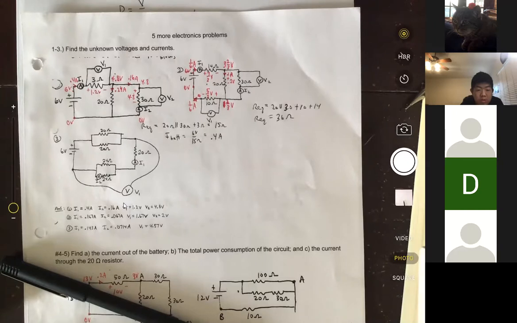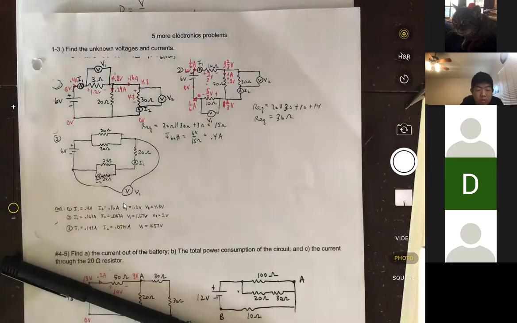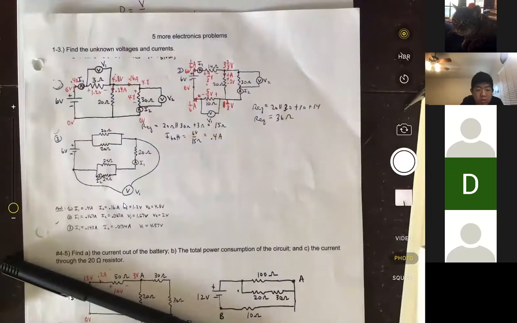I got 1.5. Okay, then something is off, because you've got 20 ohms and 30 ohms and 3 ohms, so it should have been 15. My suspicion is you may have smashed a bug right between the 1 and the 5. It should be 15 ohms, not 1.5. Okay, thank you. You're welcome.